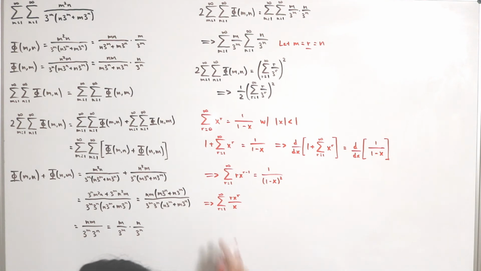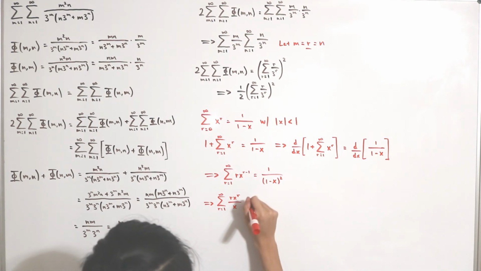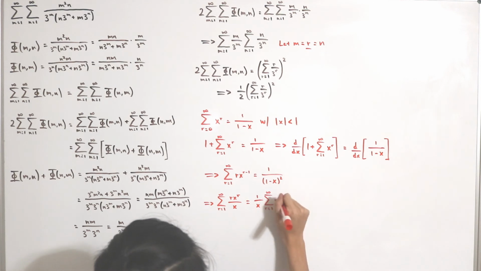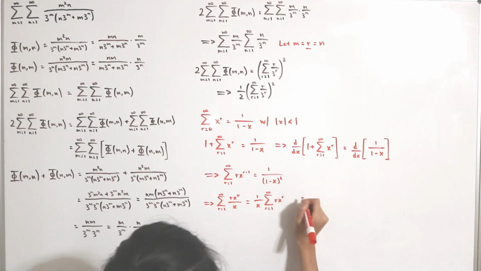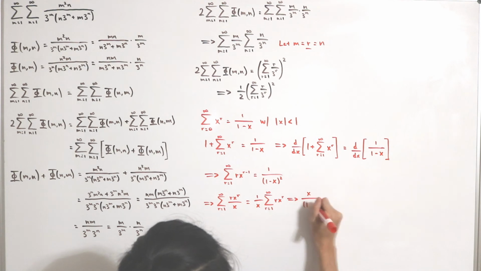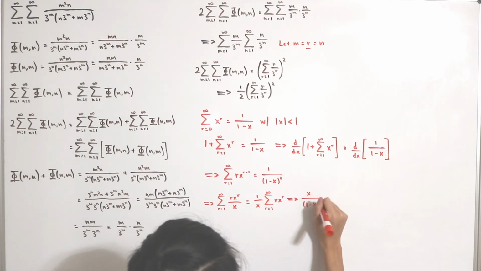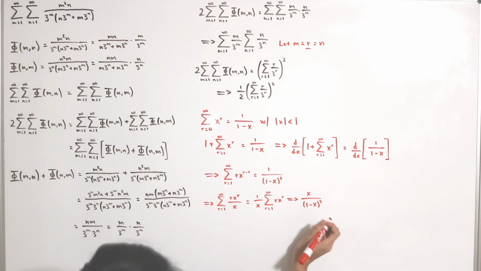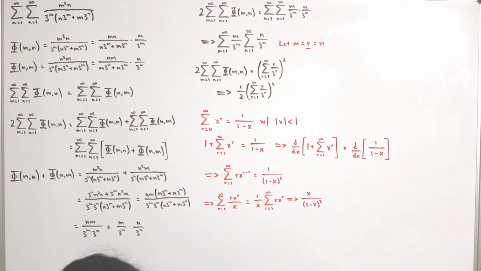But our summation is dependent on r, so I can treat 1 over x as a constant and just move that outside. So this is 1 over x times the summation r equals 1 of r x to the r. And now what I can do is just multiply by x. So that means we have x divided by 1 minus x squared. Okay, nice. So now we're getting somewhere.